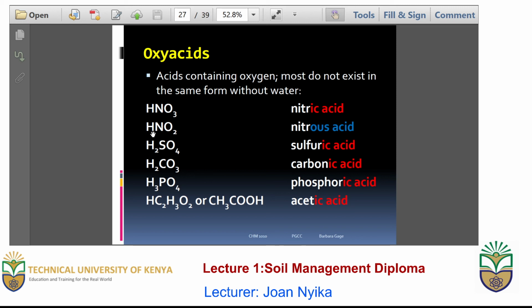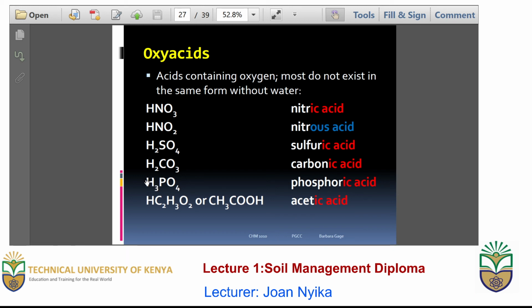Hydrogen and nitrite form nitrous acid. Hydrogen and sulfate form sulfuric acid. Look at the naming: in the non-metal compound, we are adding the IC and naming it as an acid. Look at hydrogen and carbon trioxide. We form what we call carbonic acid.